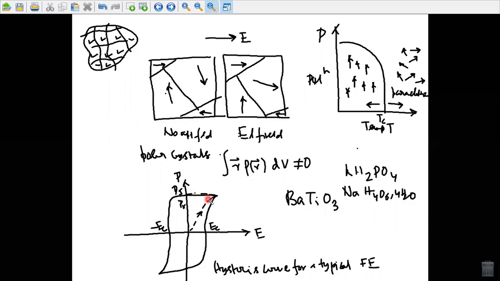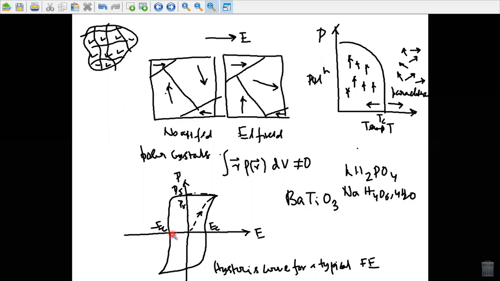Even when the electric field is zero at the origin, remanent polarization PR remains. To bring the polarization to zero requires a negative coercive field, minus EC.